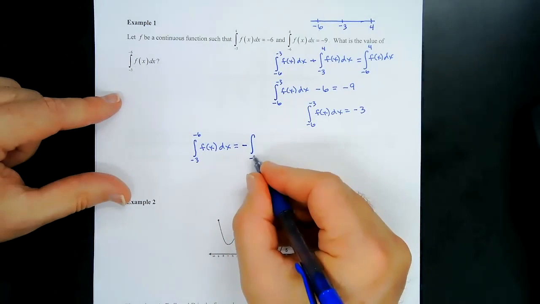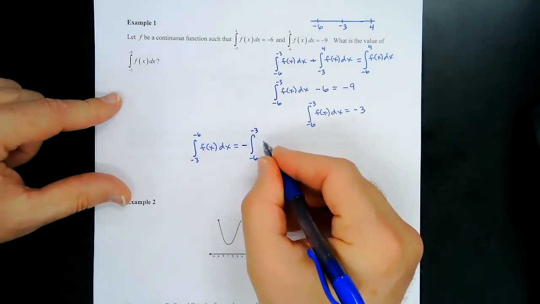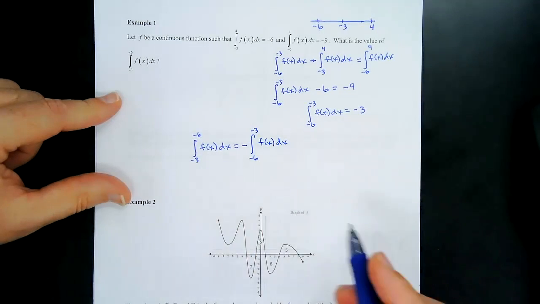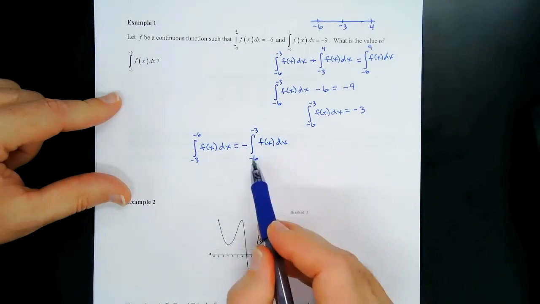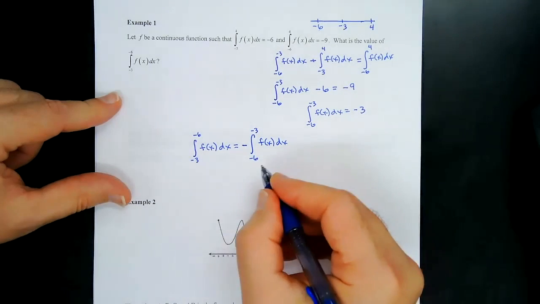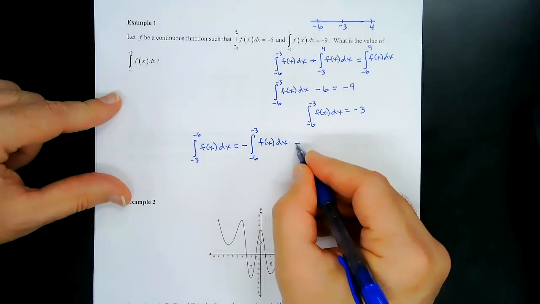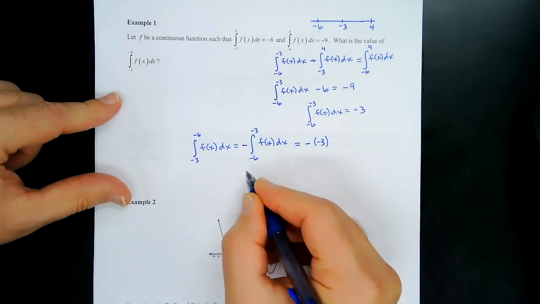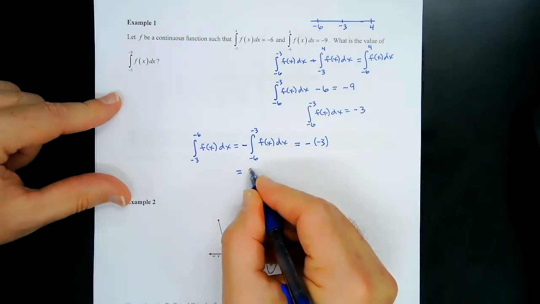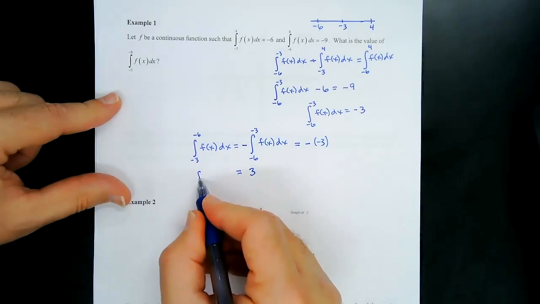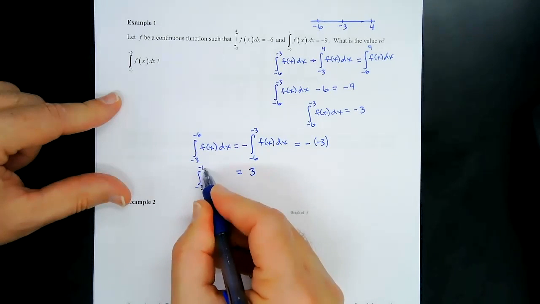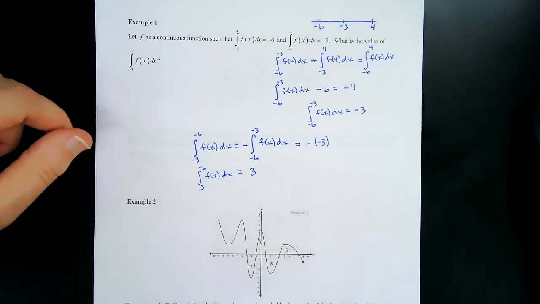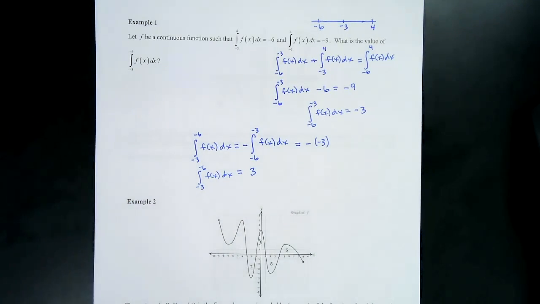So it's going to be -6 to -3 f of x dx. Okay, now I know this one's -3. So that means this is equal to negative of -3. So that makes this equal to +3. So now I know the integral from -3 to -6 f of x dx must be 3. Okay, and that's how you do these.